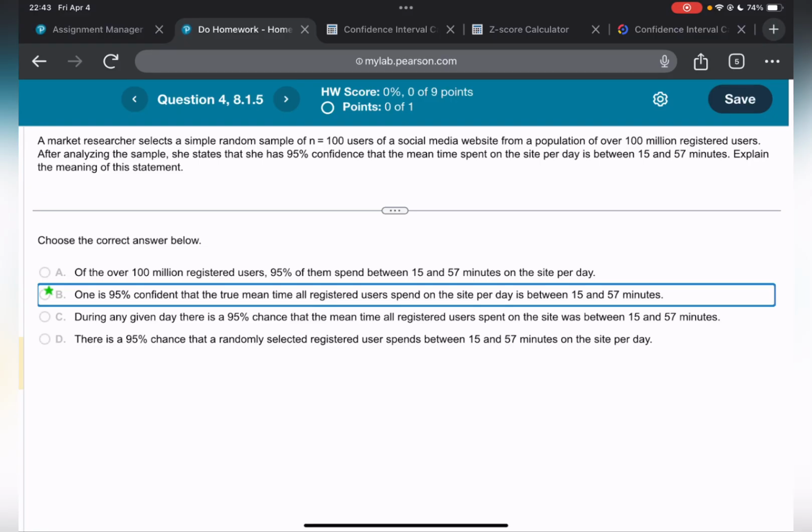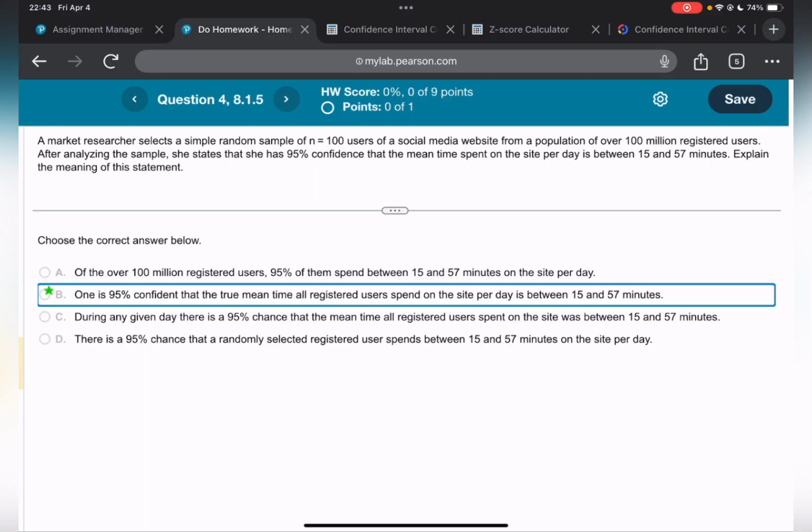Okay? And D, 95% chance that a randomly selected registered user... No, this is not random. We don't know if it's random. Randomly selected users spend between 50 and 57.